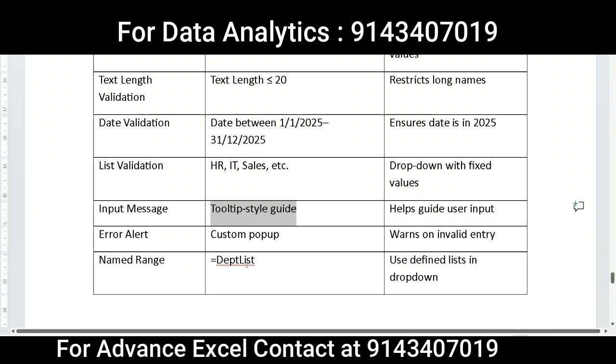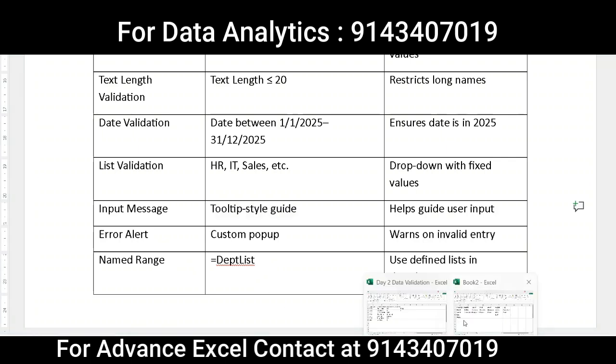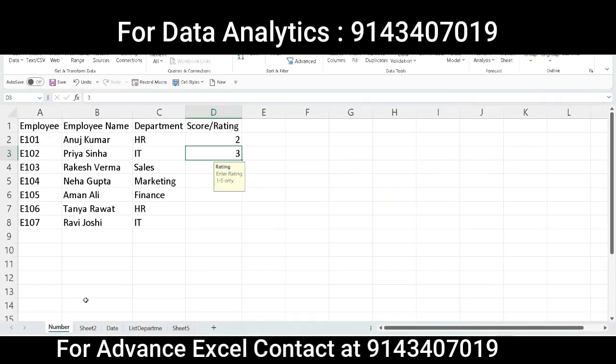Okay, we can also create a name list here. Let's say suppose I create a named range here. I'll just create the list here, and I write it here, name list. Now I am selecting this, and I want this name again and again.